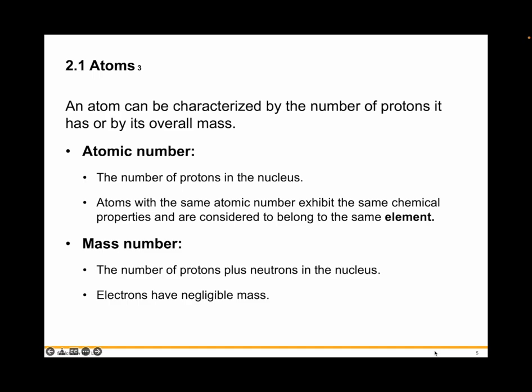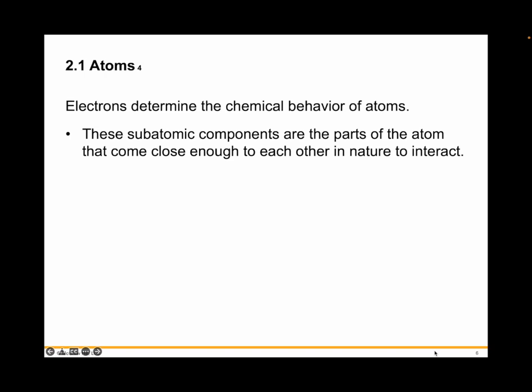So electrons have very little mass. Of all the mass contributing to your weight, the proportion that is contributed by electrons is less than the mass of your eyelashes. Yet, electrons determine the chemical behavior of atoms because they are the parts of atoms that come close to each other in nature to interact.